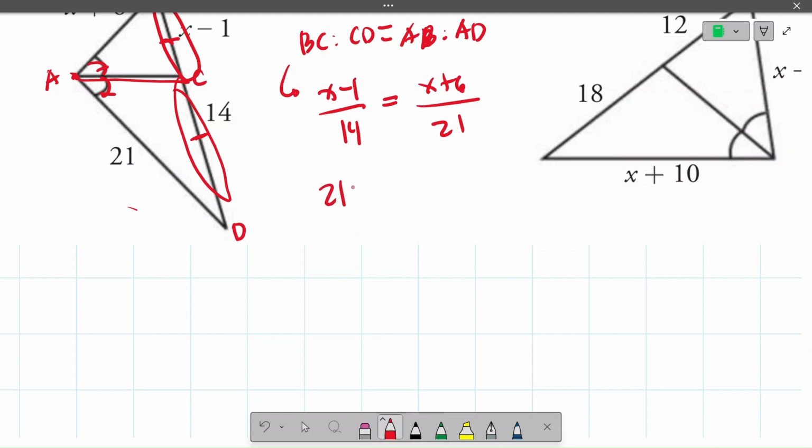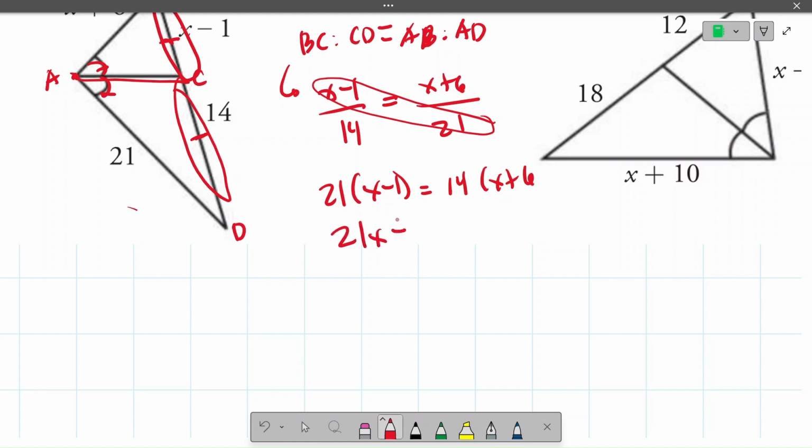21 times x minus 1. And then, ito yun, galing dito. And then 14 times x plus 6. Correct? Yes, correct. Now we have 21x minus 21 times -1, that is 21.